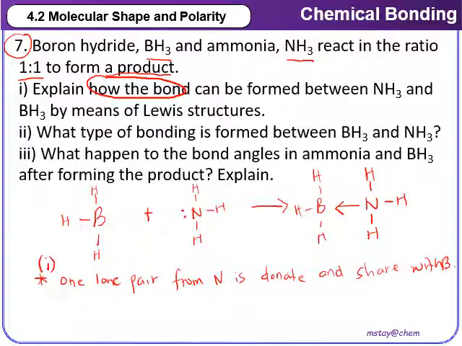While for question number 2, what type of bonding is formed? The answer is dative covalent bond, because the electrons are only contributed by 1 atom. What happened to the bond angle in ammonia and BH3 after forming the product? Explain. So this one we will continue in the next slide.